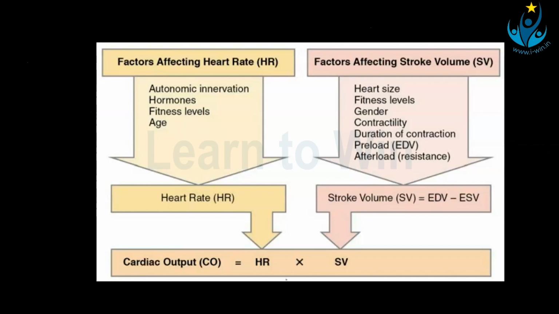Now, here is a little interesting chart that I found. Cardiac output is dependent on the heart rate and stroke volume, and we already know the stroke volume is nothing but the leftover amount of blood after removing the end systolic volume from the end diastolic volume. Here, what they're talking about is the factors that affect the heart rate and the stroke volume. That means what is going to increase or decrease the stroke volume and what is going to increase or decrease the heart rate.